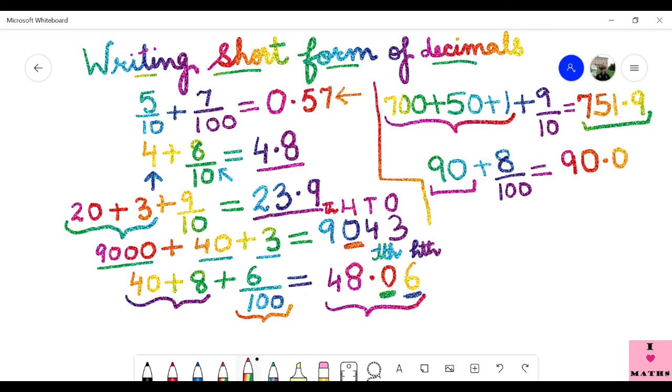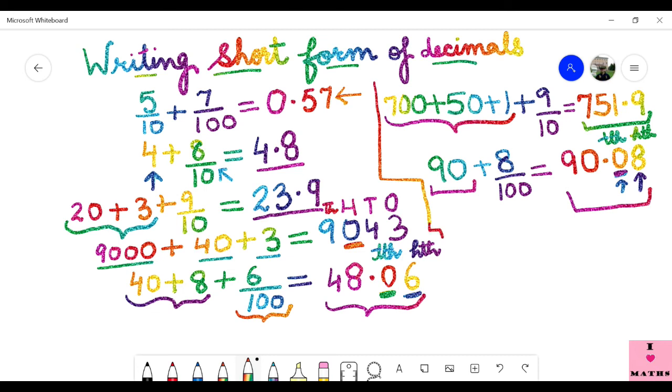So we will have a 0 at the 10th place and 8 at the 100th place. Children, because we are putting this 0 at the 10th place, that is the only reason 8 is coming at the 100th place. So it is very, very important. This 0 is very important. So our answer is 90.08.